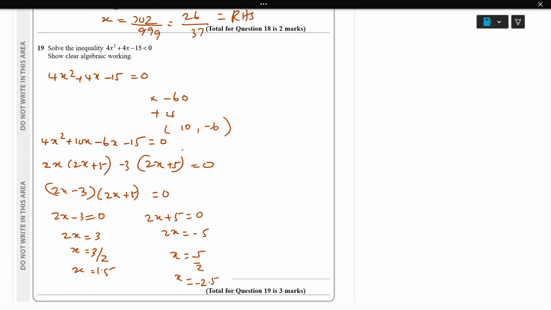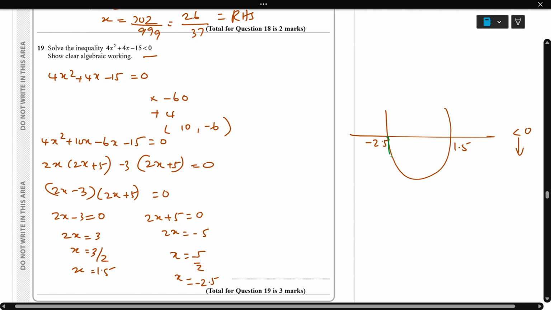We got two values. Because it is a positive quadratic, the graph goes down to up. One crossing point is negative 2.5, one is 1.5. Now the inequality is less than 0. When it's less than 0, it's down, so we have to check down here. This line is continuous.